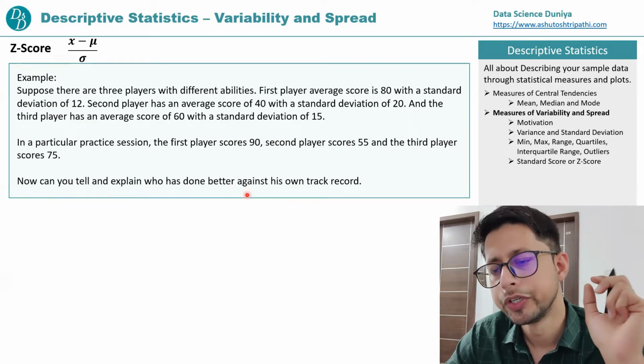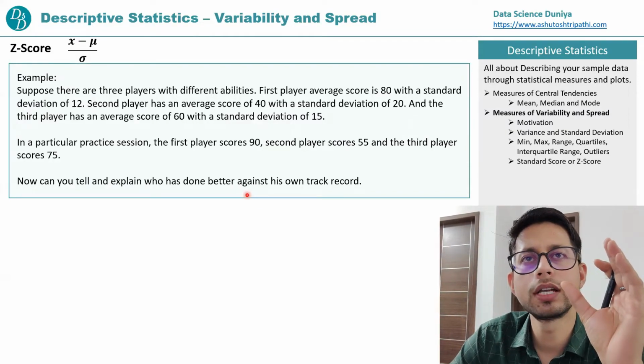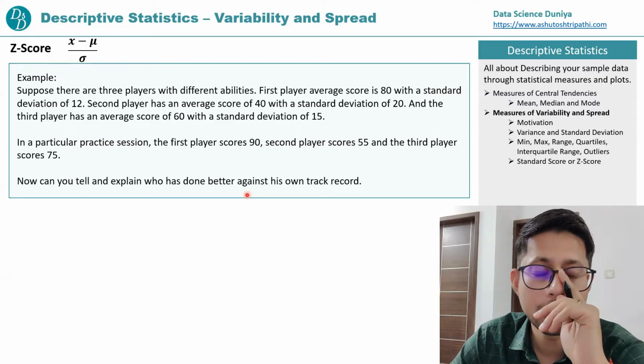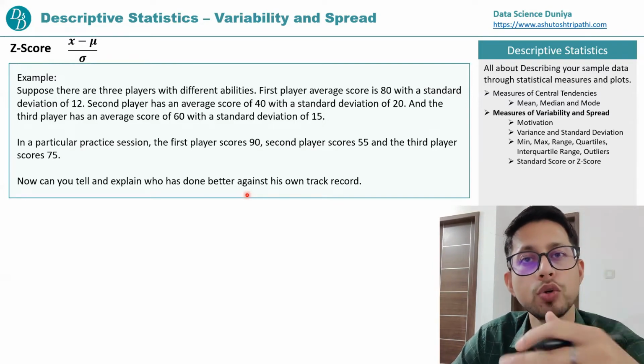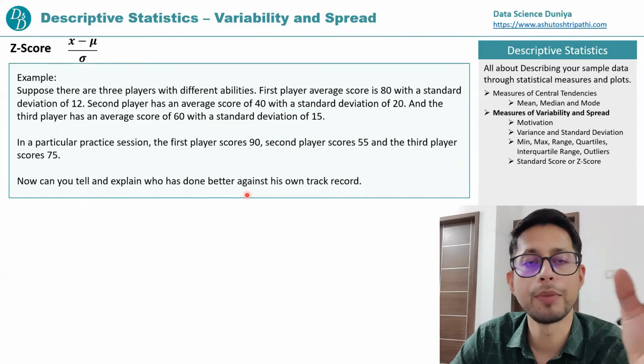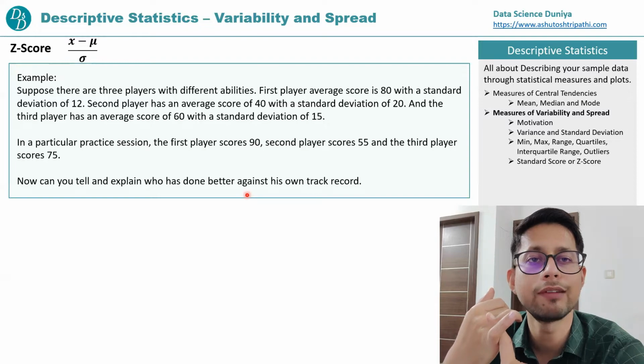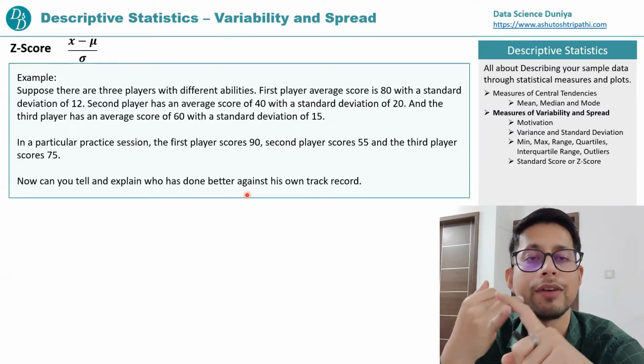So if you want to compare the better player in his own sport and with his own capabilities, how do you compare those three players, because every sport requires a different level of capabilities and skill set?